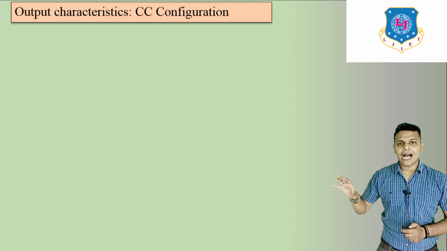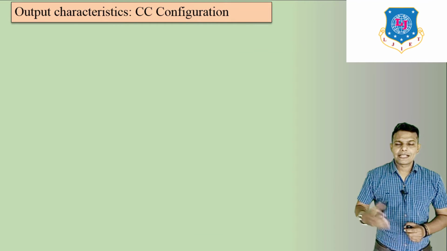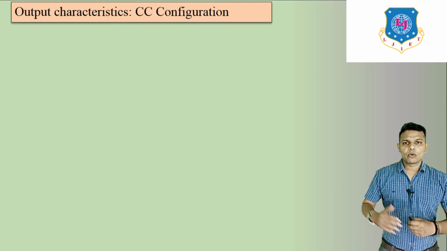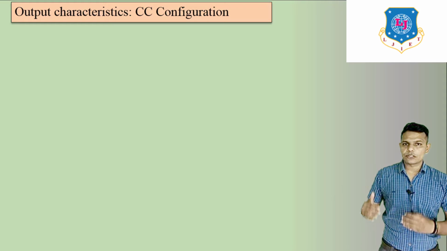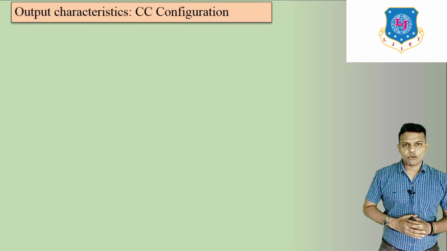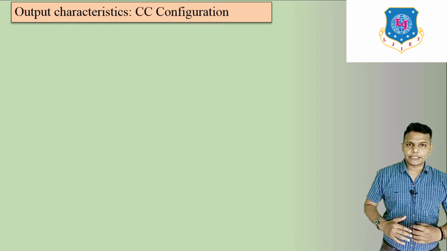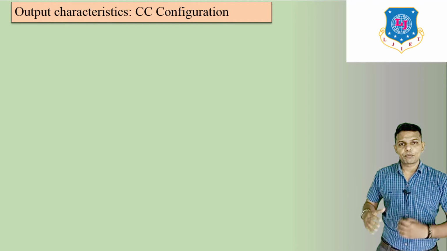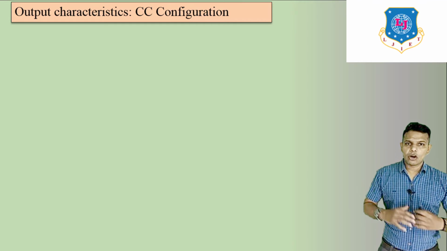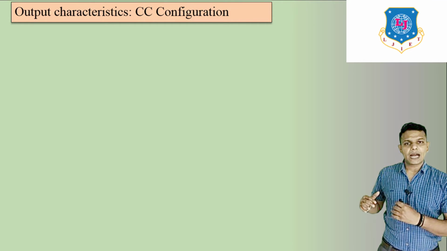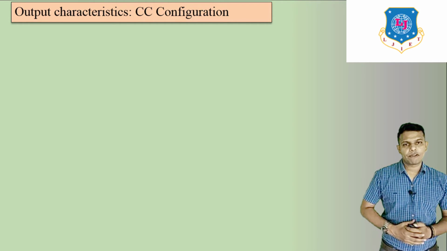Now let us discuss the output characteristics for CC configuration. The output characteristics are also VI characteristics for CC configuration, but we should take output voltage and output current. Output voltage should be on the x-axis and output current on the y-axis.